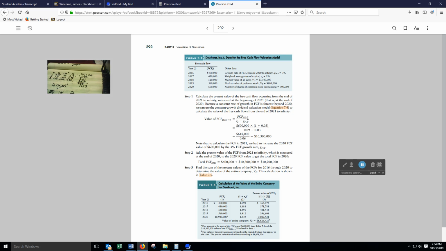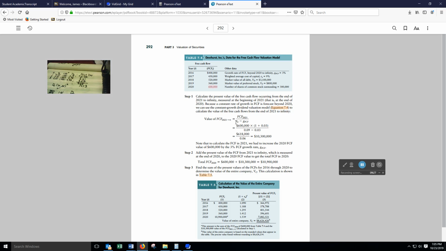So the first thing we have to do is calculate the free cash flow for 2021. Here, we take the free cash flow from the year prior, the $600,000 that we made in free cash flows in 2020, and we multiply it by 1 plus the growth rate. That will tell us how much we'll have in free cash flows in the next year, or how much we're estimating them to be.